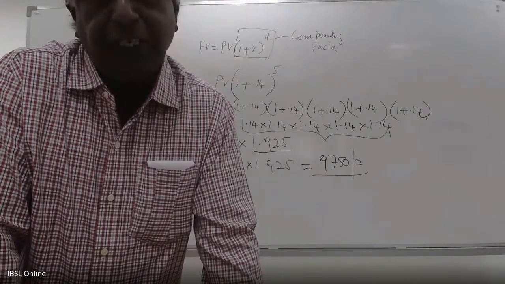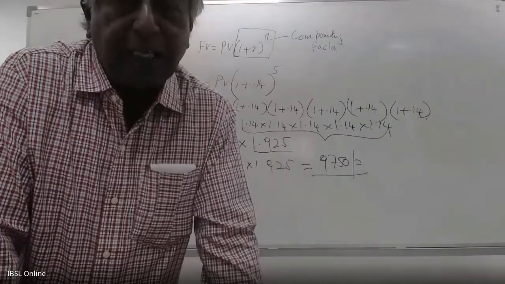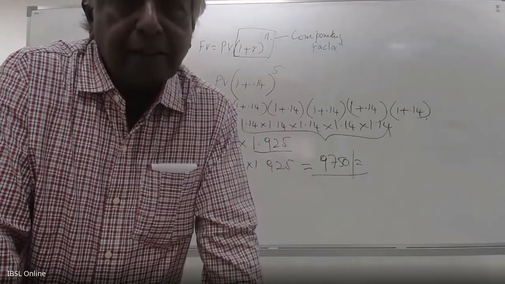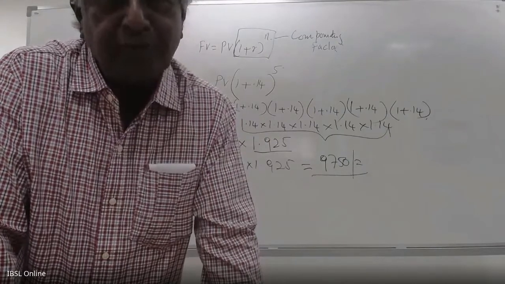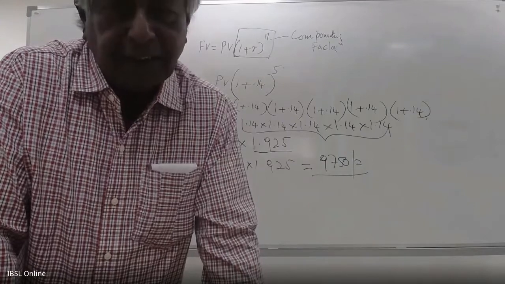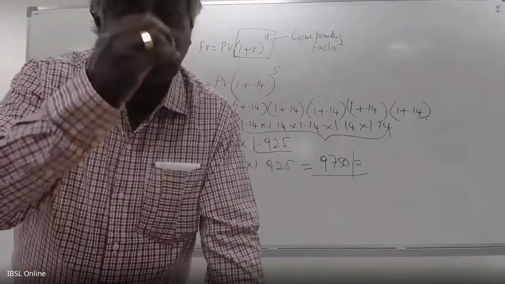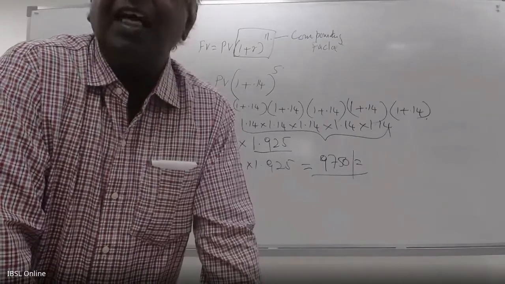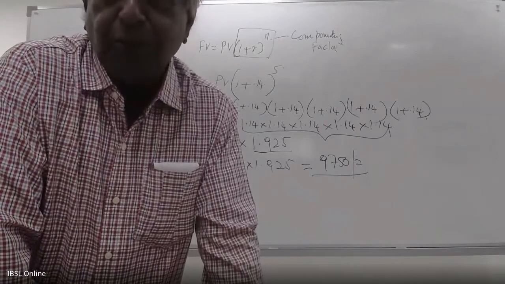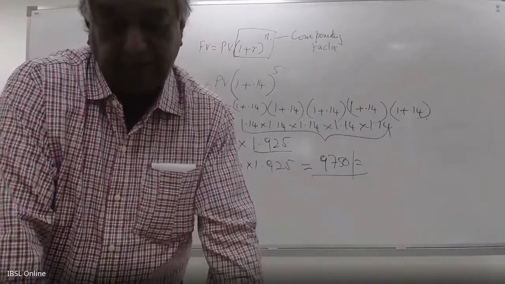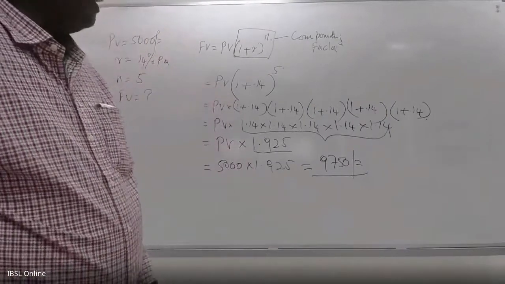You need not say the system is down, I am unable to tell you, please come tomorrow. No. With a simple calculator, you can tell. Even the computer is not necessary for this calculation. Even if somebody asks you casually at your home, you can take the simple calculator and tell. Right. So let us do another exercise on this.